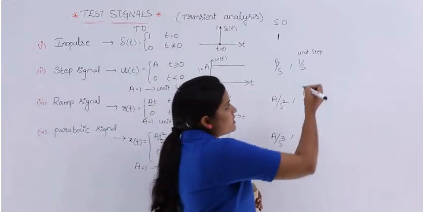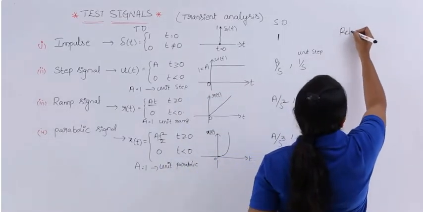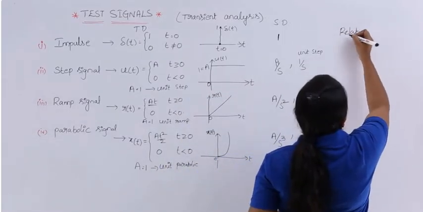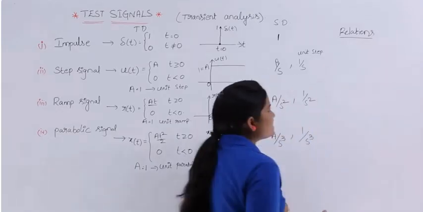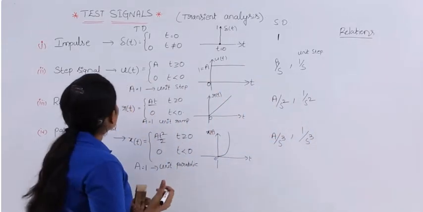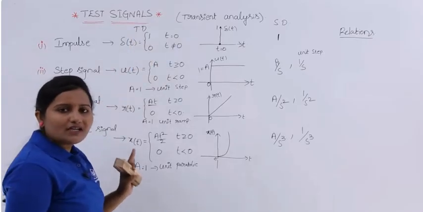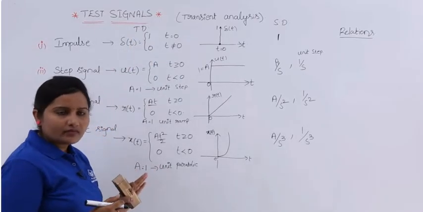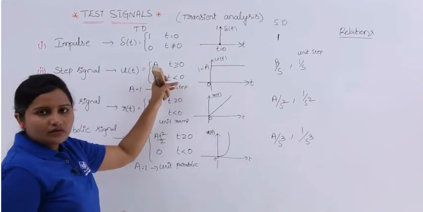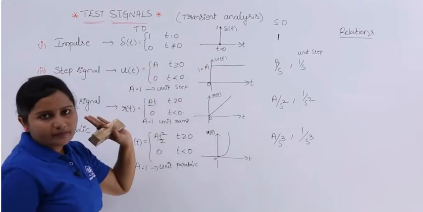Coming to the relations between these test signals. Impulse is nothing but 1. If you integrate del of t, you get u of t.